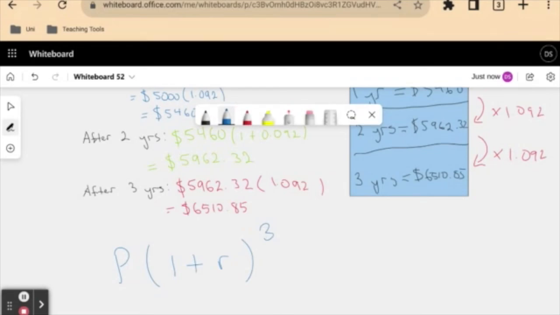Didn't we? Because we had our principal and we just kept multiplying by lots of this rate. Three, two, one.